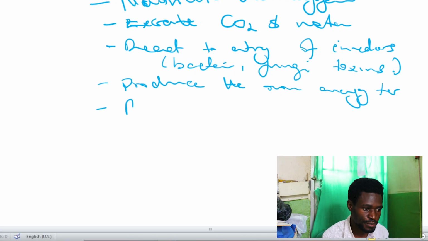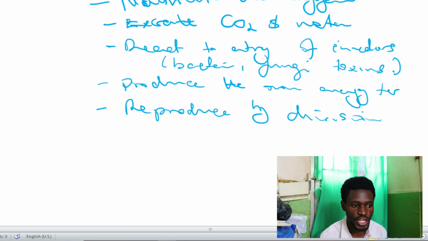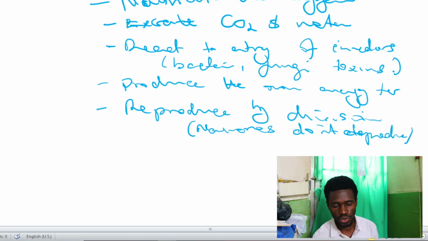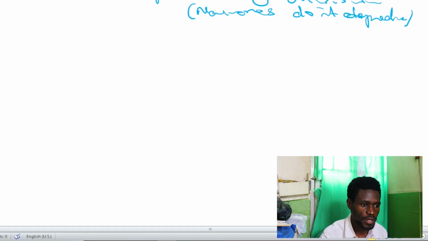Cells in general reproduce by division, except the neurons, which do not reproduce. Besides that, there are some other general characteristics of cells, but importantly, I need to look at the cell structure.